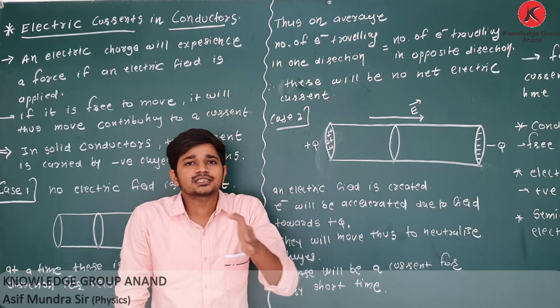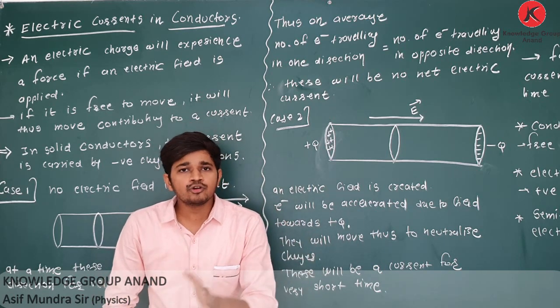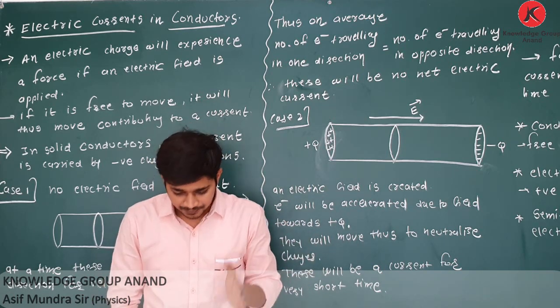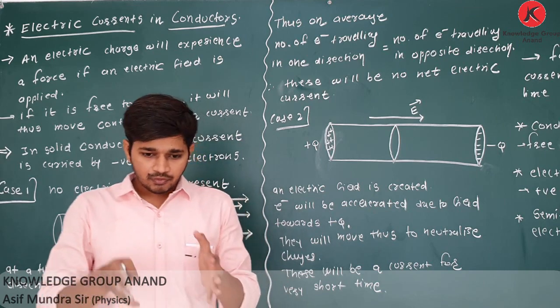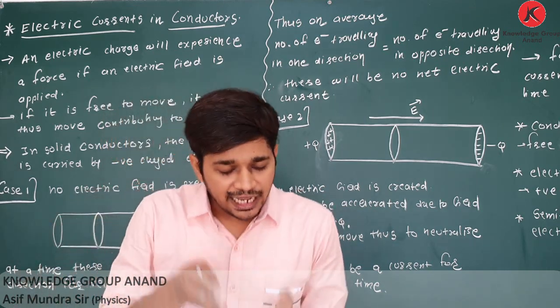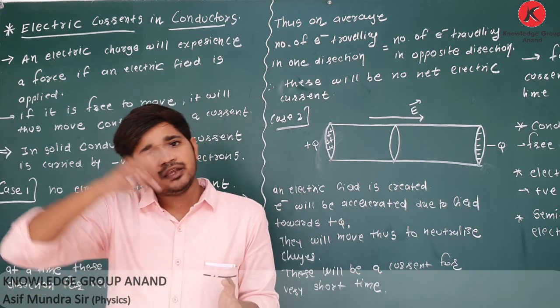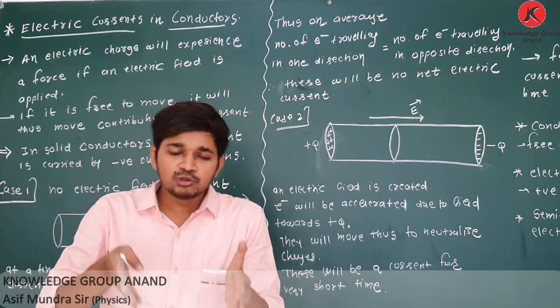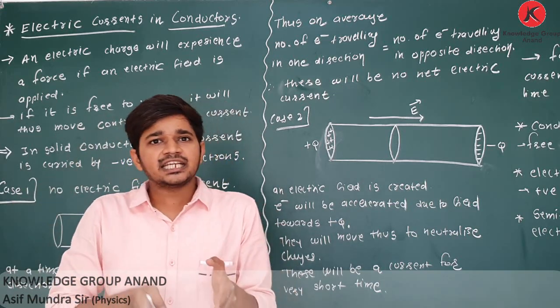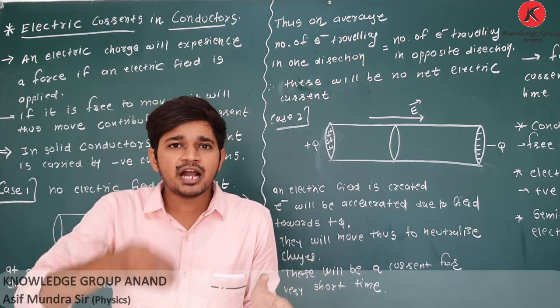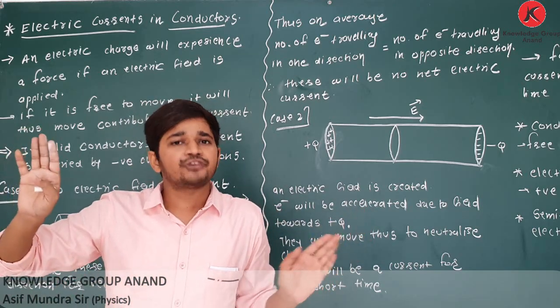Now, in this chapter, we will study conductors. How is electric current formed in conductors? You know the configuration of a conductor. In atoms, negatively charged electrons in the valence orbit, due to thermal energy, escape from the atom, leaving behind a positive ion, and they become free.